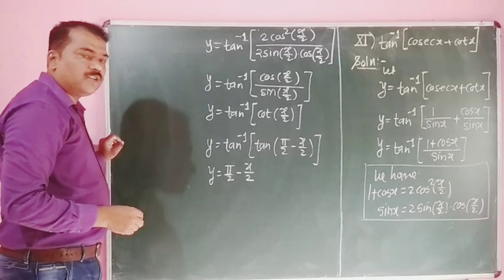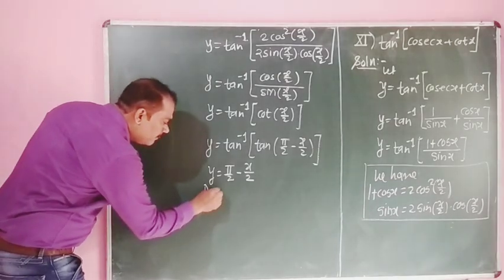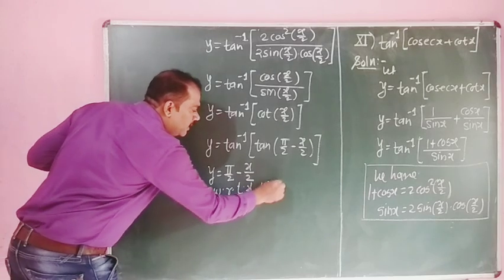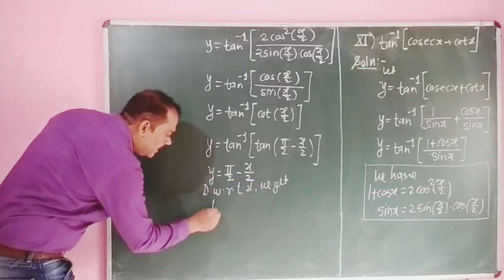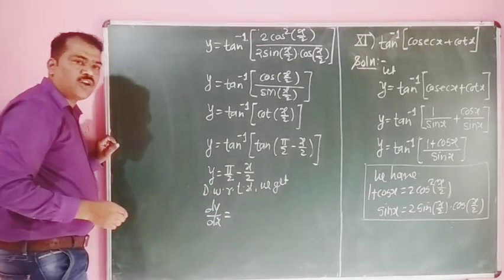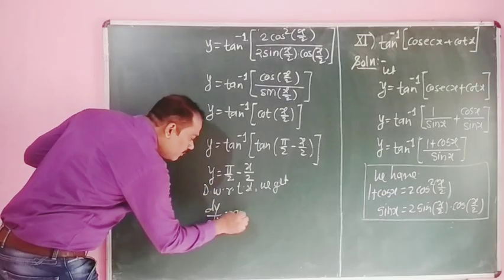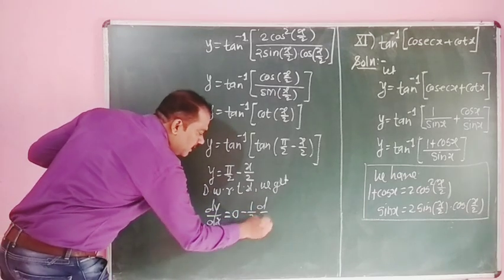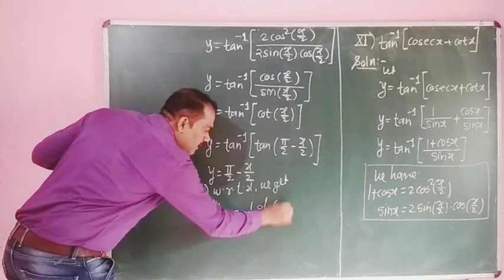We have to differentiate with respect to x. We get dy by dx is equal to the derivative of pi by 2, which is a constant, so it is 0, minus 1/2, which is a constant, so we take it outside, into d by dx of x.